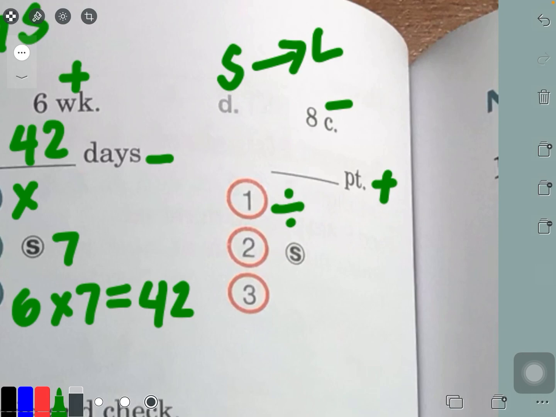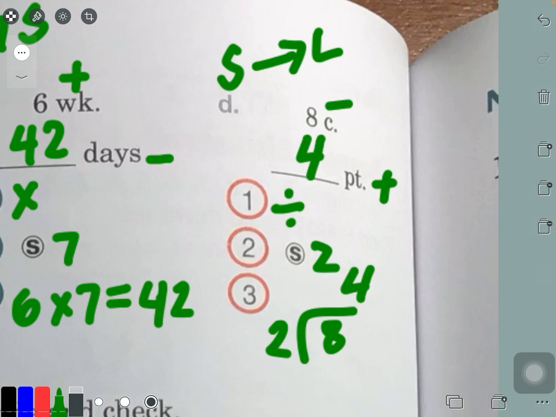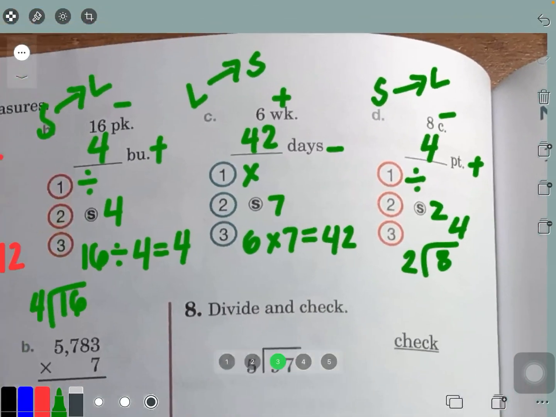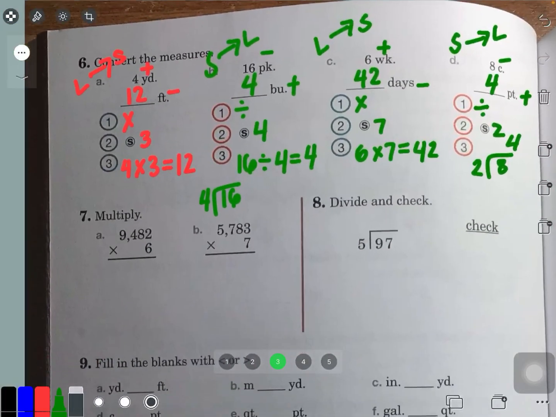Again, that doesn't make any sense. But there are 2 cups in a pint. And that means I'm going to do 8. So I'm taking this number, 8 divided by 2, which is 4. Okay? We'll practice this more at our meeting, all right? Because I know it can get confusing.